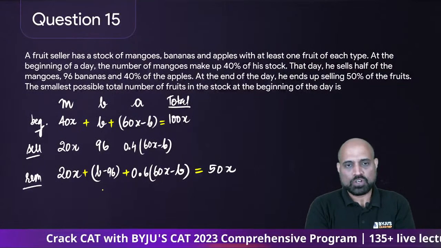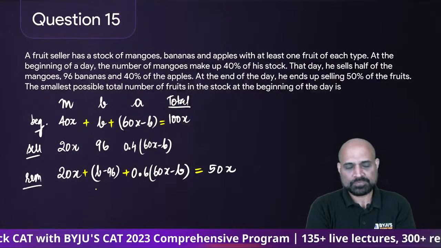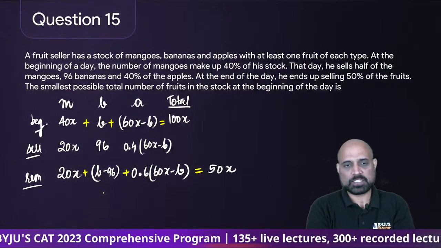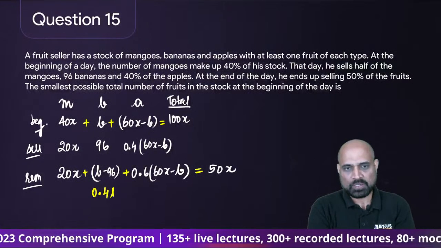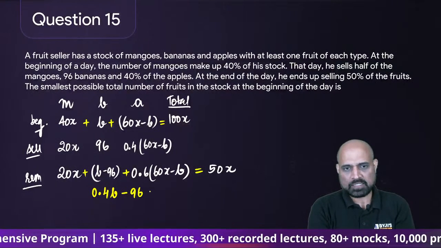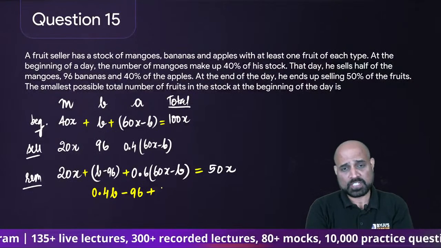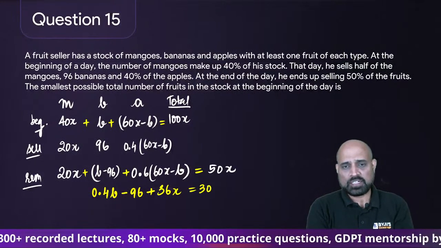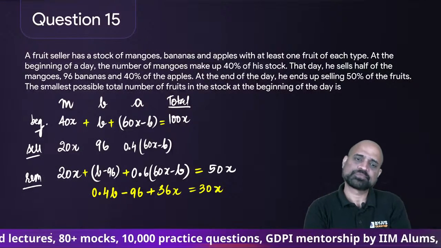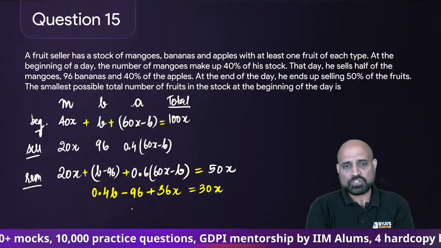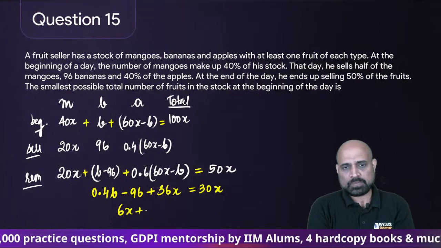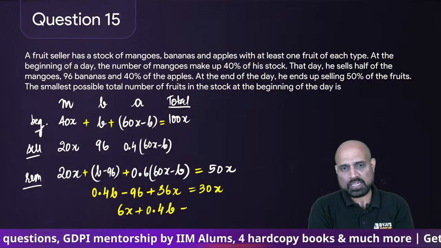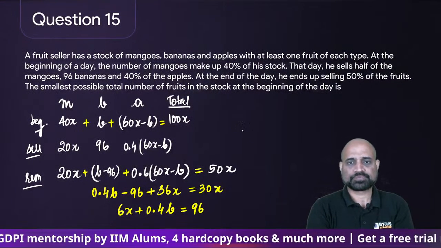Okay, so we will have this as b minus 0.6b, which is 0.4b, minus 96 plus 60% of 60 is 36x, and this will give us 30x. 20 उधर ले जाते हैं, rearrange करेंगे. So we will be getting 6x plus 0.4b is equal to 96.